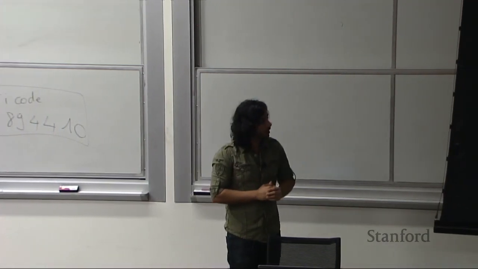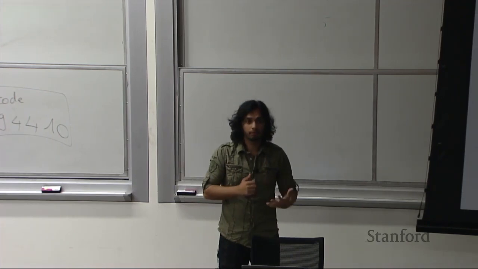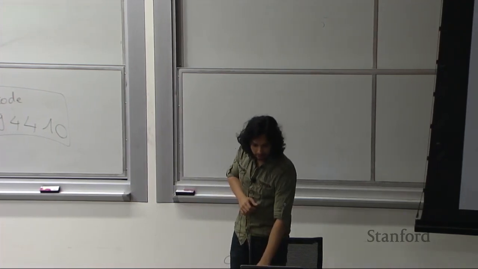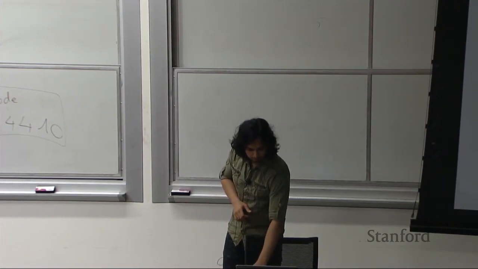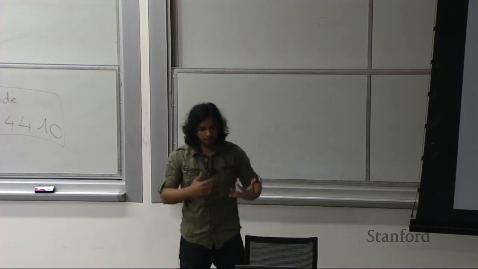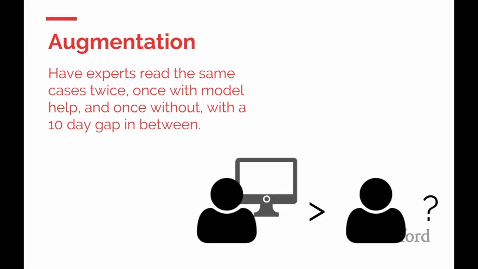And so that's really the setup. A radiologist with model, is that better than the radiologist by themselves? And here's how we set it up. We said, let's have experts read the same case twice, separated by a certain set of weeks, and then see how they would perform on the same set of cases.